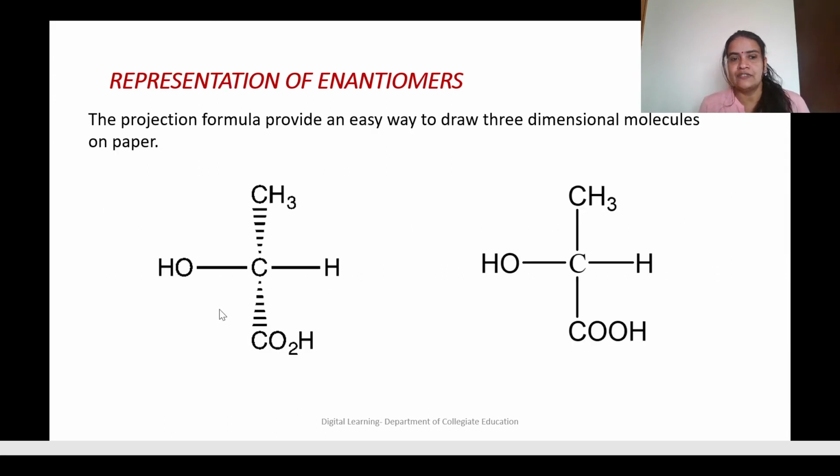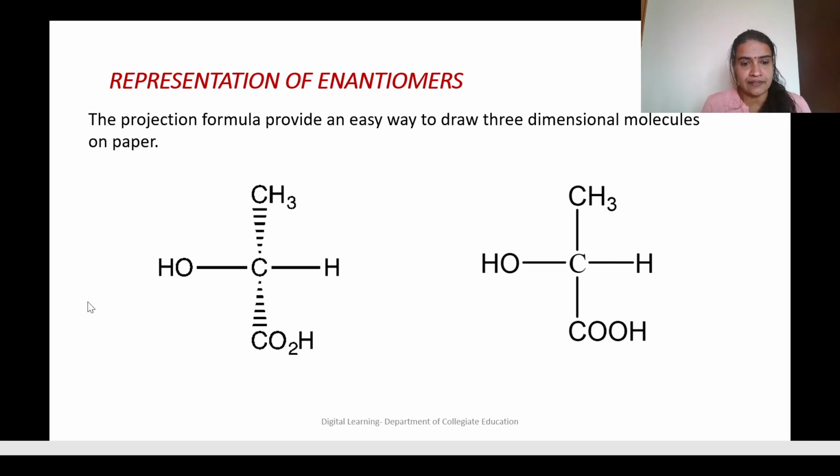See here, the first one is a three-dimensional representation of the molecule. Now, how can this be represented in two dimensions? The two groups which are vertically written are kept on the vertical line. These are the groups which are away from the viewer, and they are represented on the vertical line.